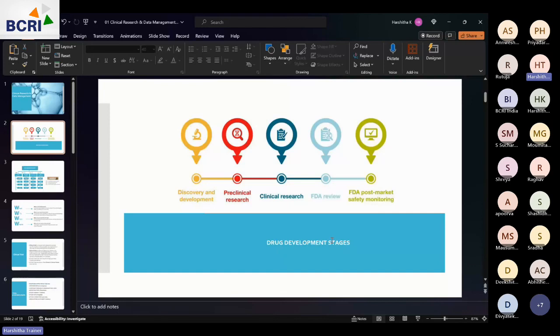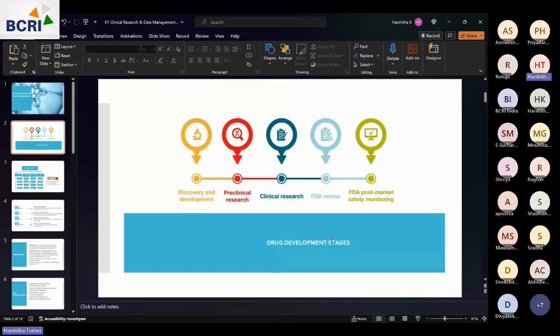Why clinical research is interesting is because you are checking your molecule on human participants. In preclinical, it was animals. In research and development, you're doing it in your laboratory.